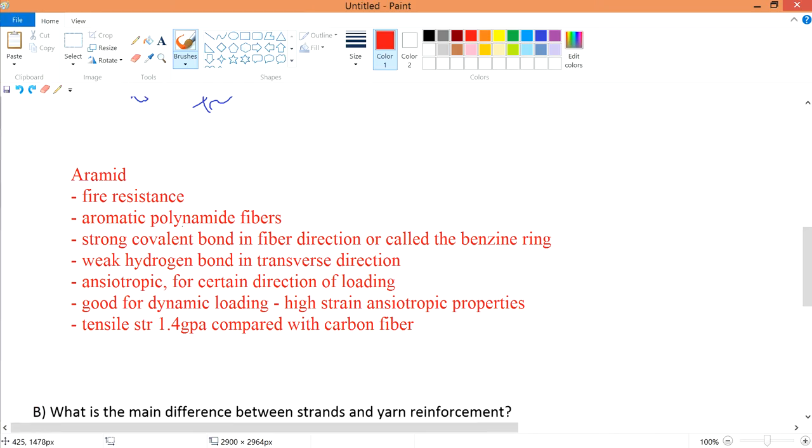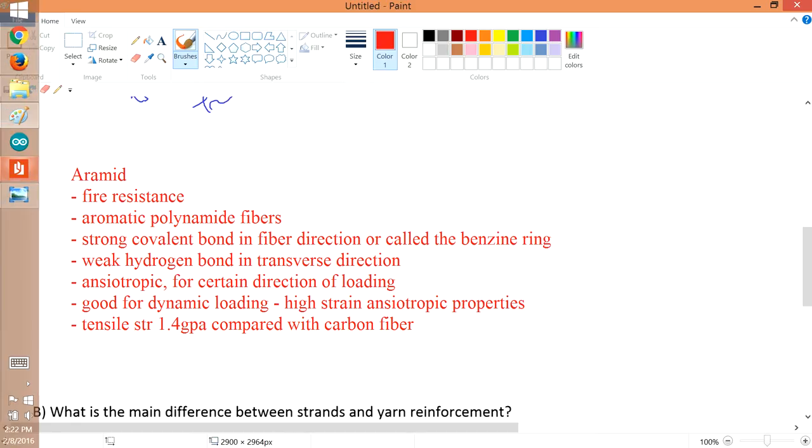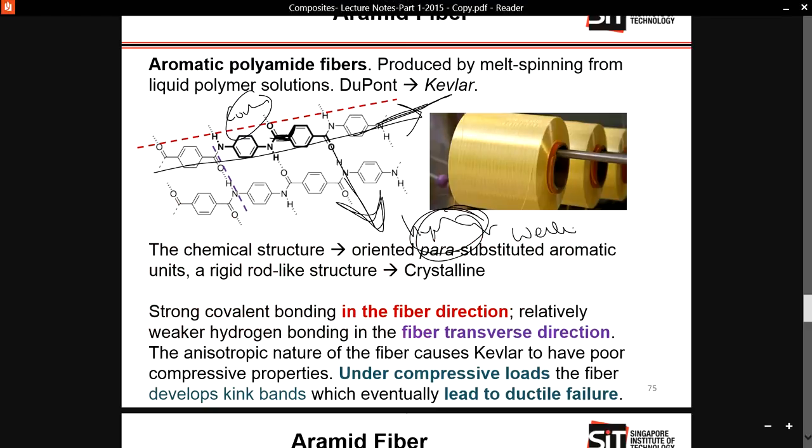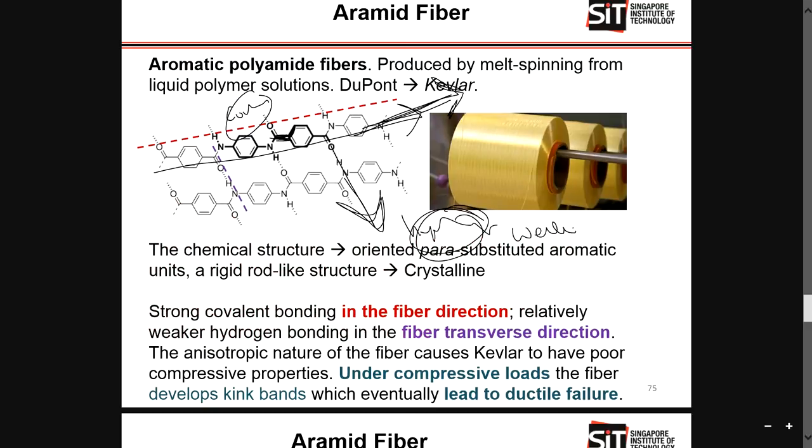So comparatively, the hydrogen bond is weaker than the covalent, and this is why it's very much an anisotropic system. Therefore for aramid: strong covalent bond in fiber direction, weak hydrogen bond in transverse direction, and it is anisotropic, meaning it allows certain directions of loading only. If you pull in this direction, it will resist the breakage. But over here, if you pull it, it will straight away break, it's very weak in this direction.